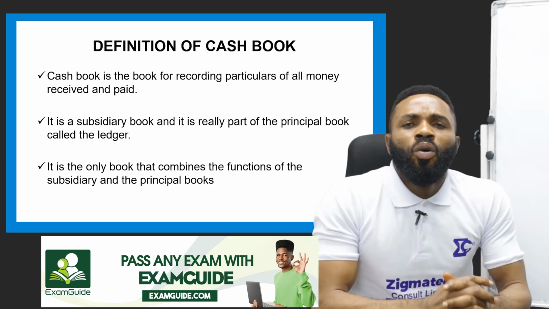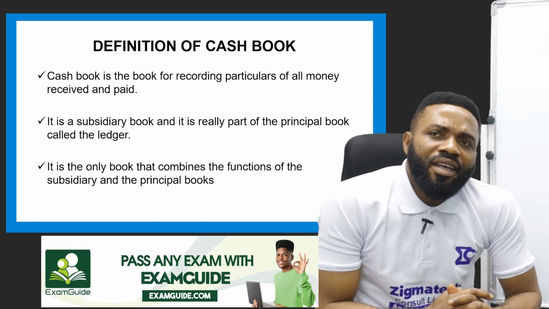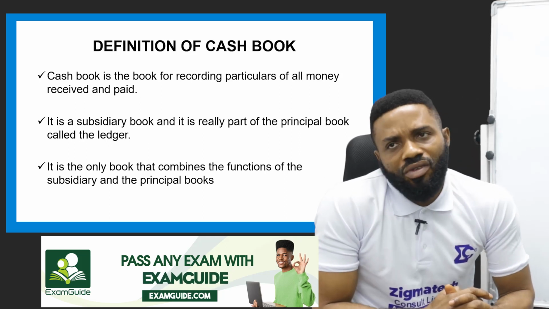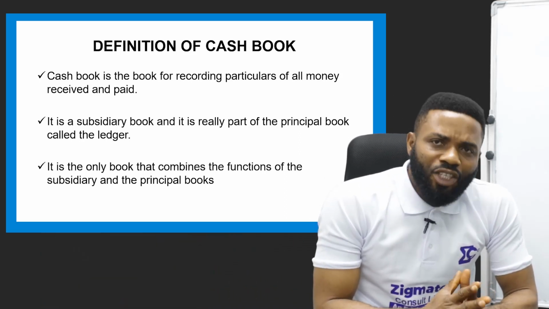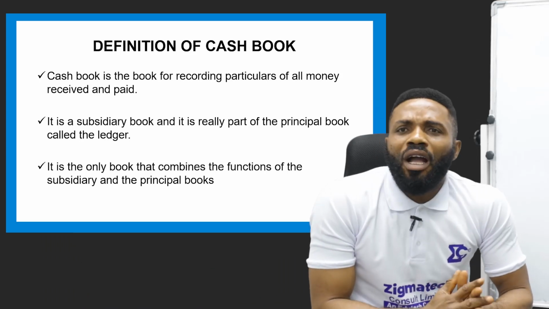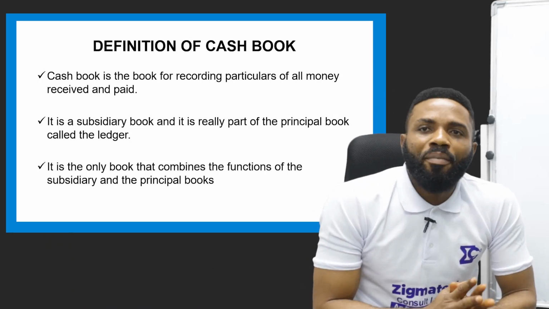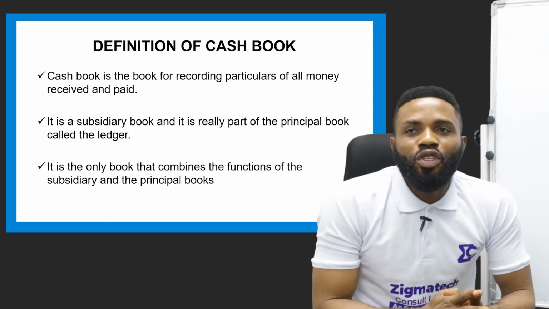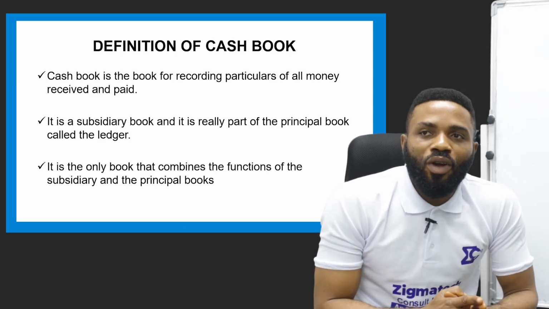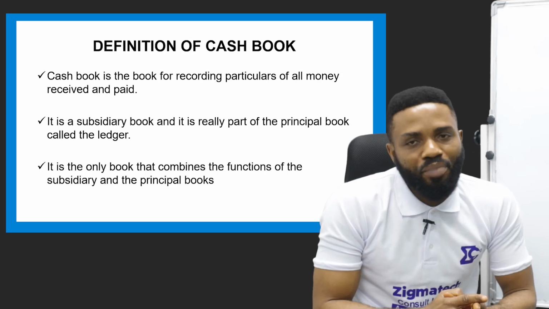Now let's go. What do we mean by the word cashbook? What is this cashbook all about? When you talk about cashbook, we are talking about the book that is used to record particulars of all money received and paid.